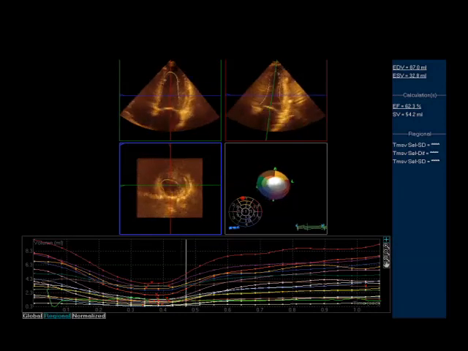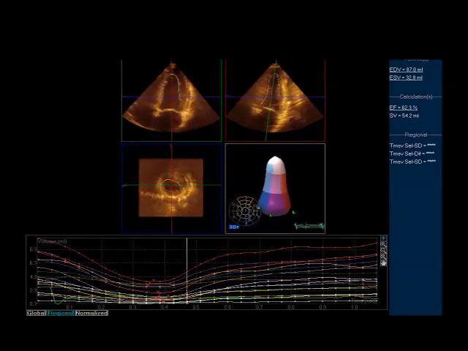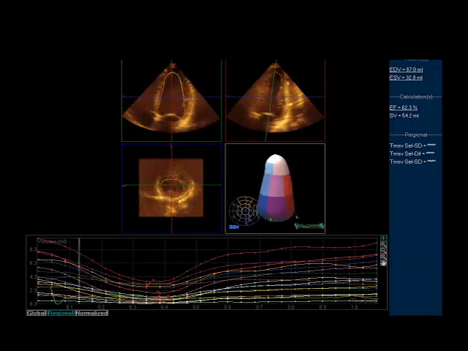Then, automated software using speckle tracking methods generates LV borders throughout the cardiac cycle with measurement of LV volumes and ejection fraction. After visual confirmation and adjustment as needed, the display shows regional wall motion using a color map and graphical format.